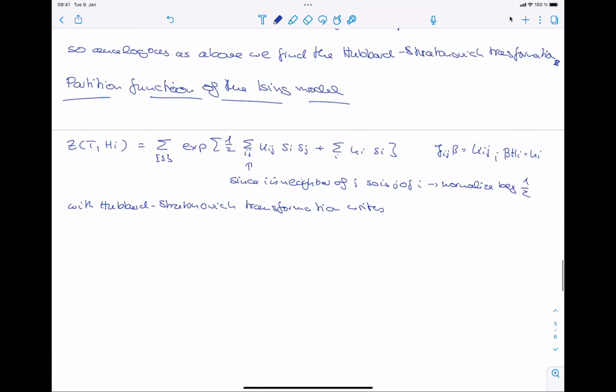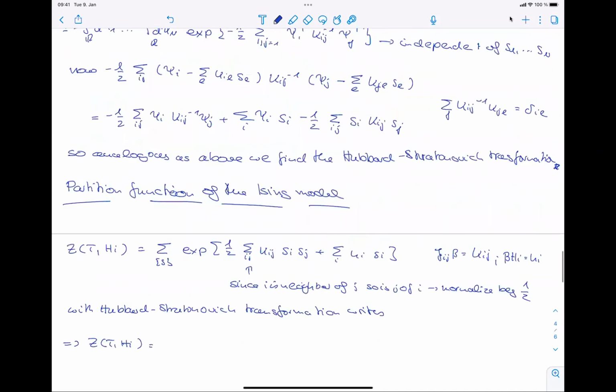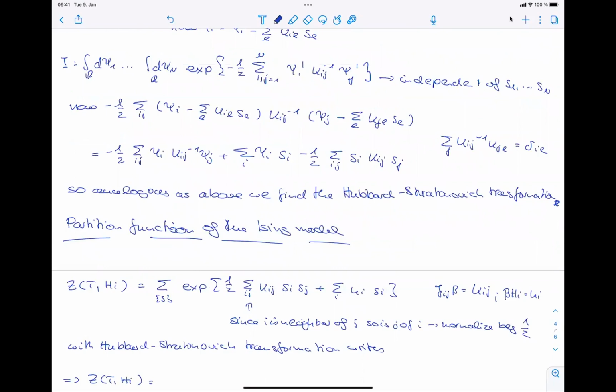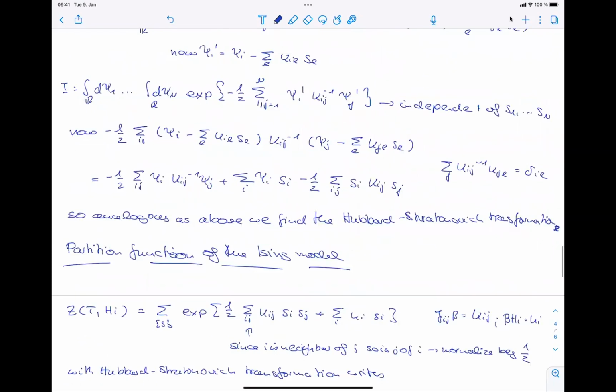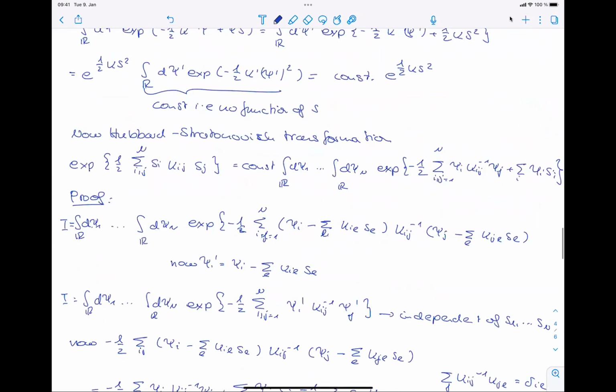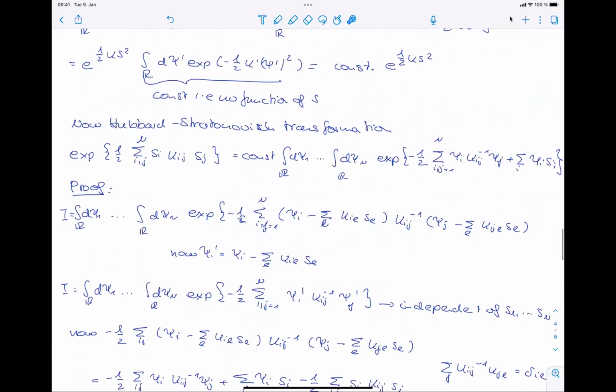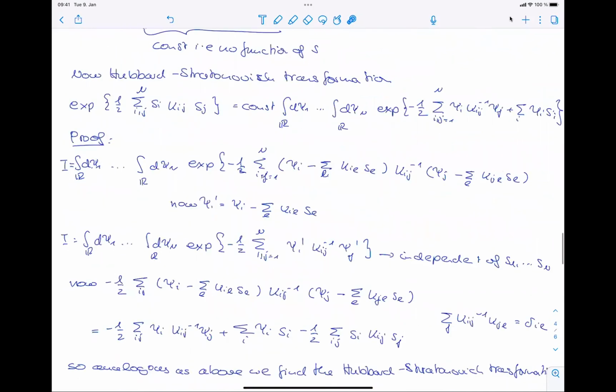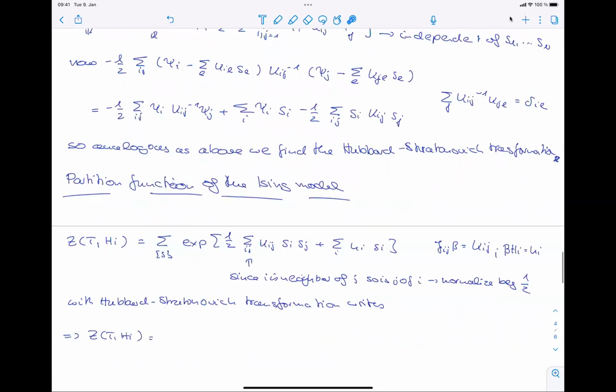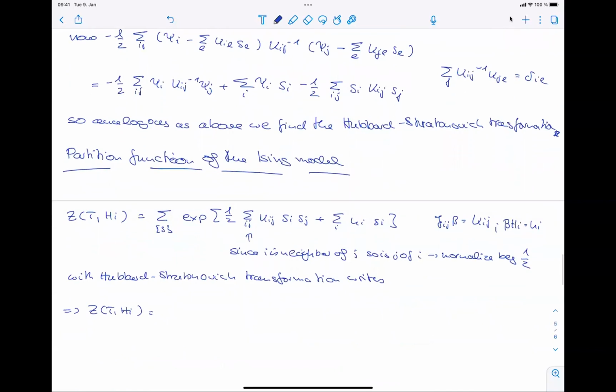This then writes, so now we're just going to use what is here, right? This becomes this term on the right hand side.